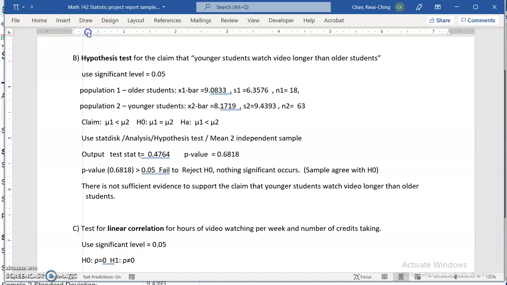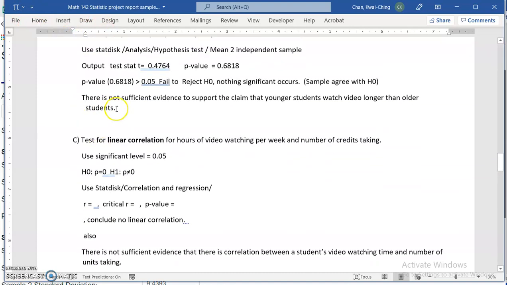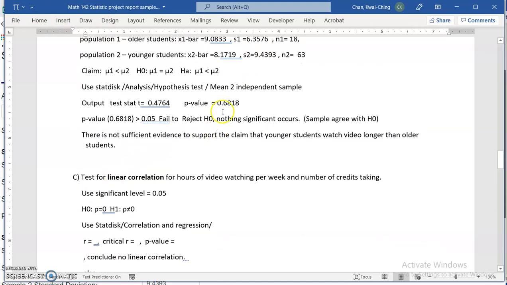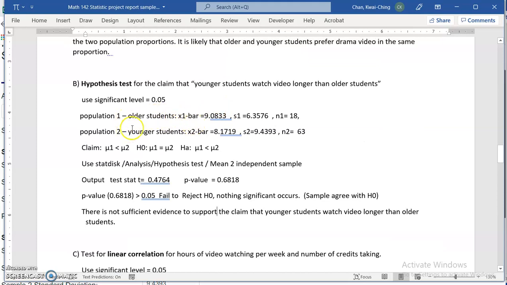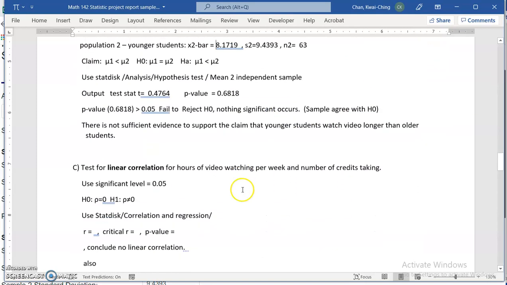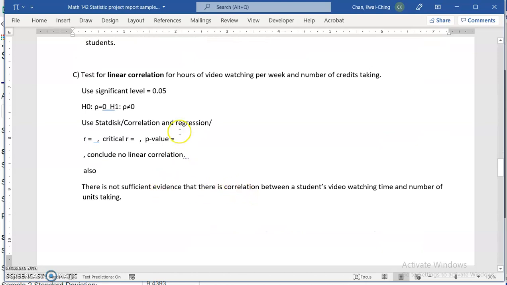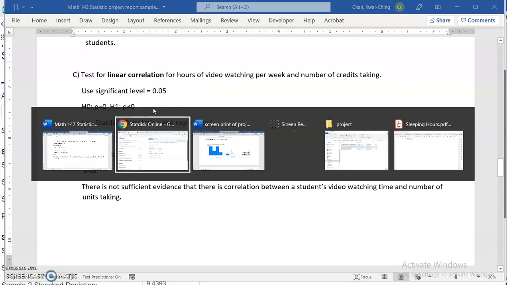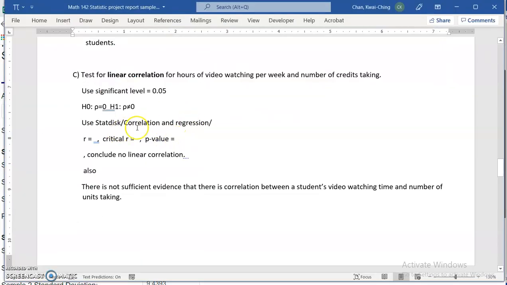Make this nicer. So you can also talk about that the sample difference is actually 9 and 8. Okay, so the last thing is about linear correlation. So we would do a hypothesis test.